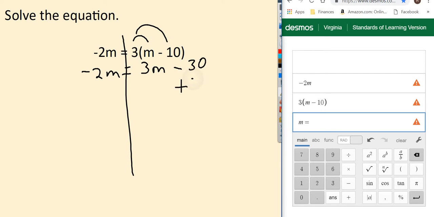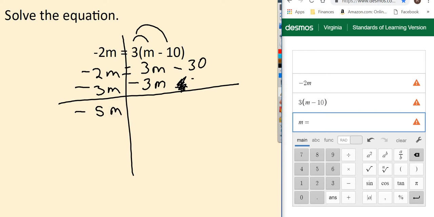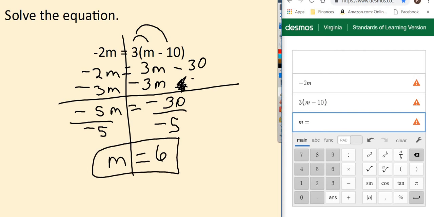And then I'm going to add, actually I'm not going to add 30, I'm sorry about that. I'm going to move my 3m over and get all my variables on one side. So I have negative 5m equals negative 30. Now I'm going to divide each side by a negative 5, and that says that m is 6.